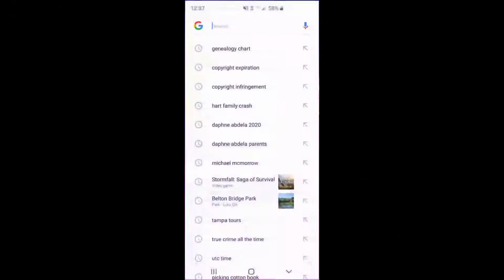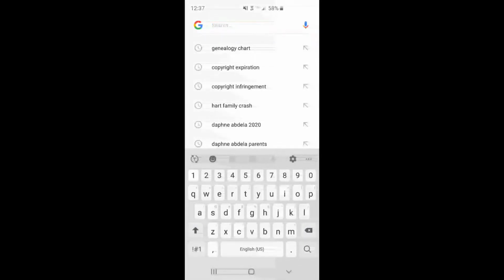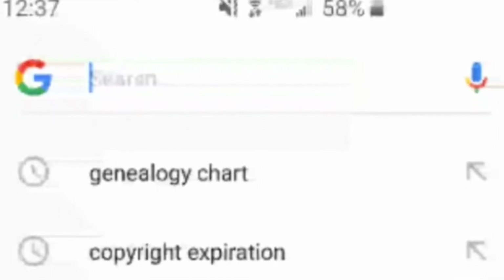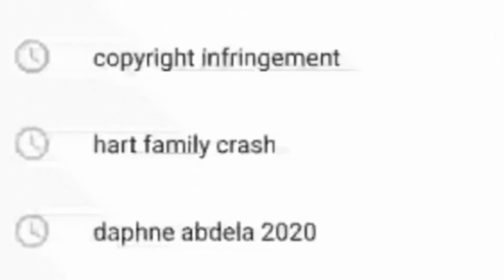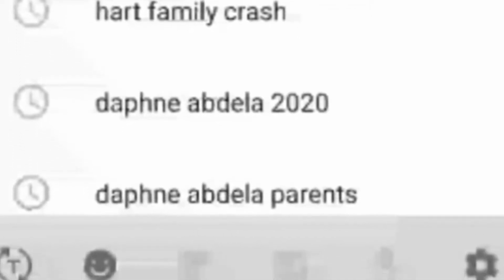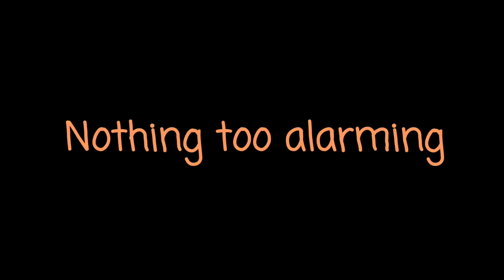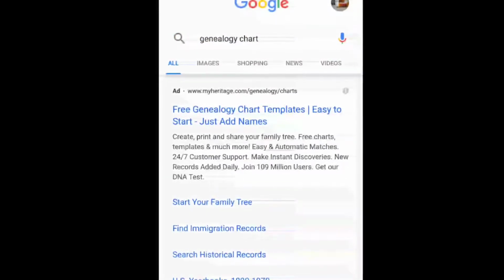Okay, so first thing I did, I just pulled up Google and I typed in genealogy chart. And I went to images.